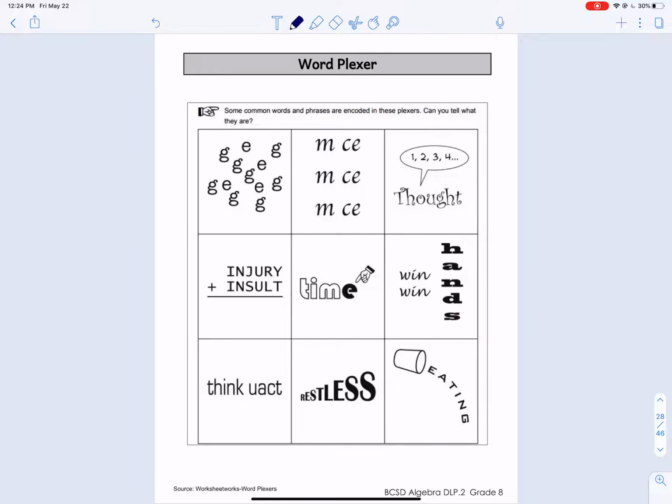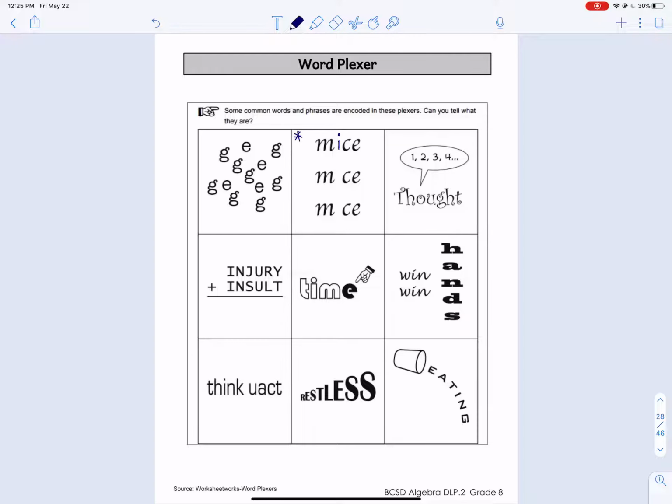Another word puzzle. I don't know if you are understanding these, but I'll just give you an example. This one, the second one here, kind of jumped out at me. If I look at each of those words, it's just an M and then C, right? But what if I put this?